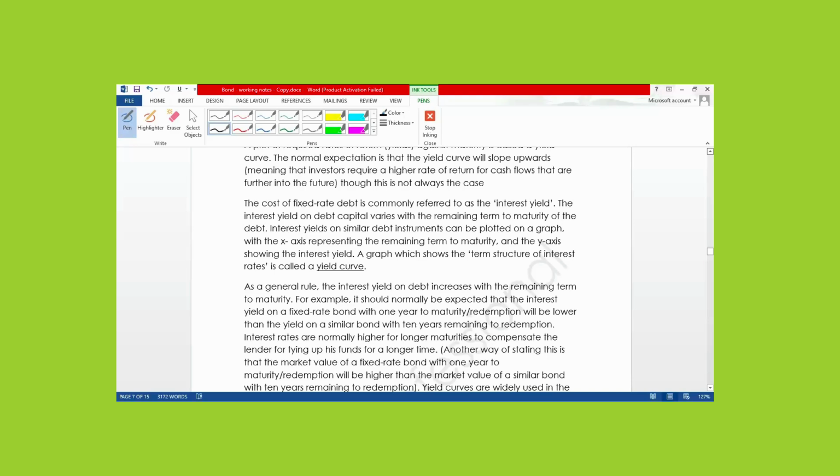If I'm to value a corporate company bond, I'm going to use the corporate company yield curve. If I'm to value a government bond, I'm going to use the government spot yield curve.